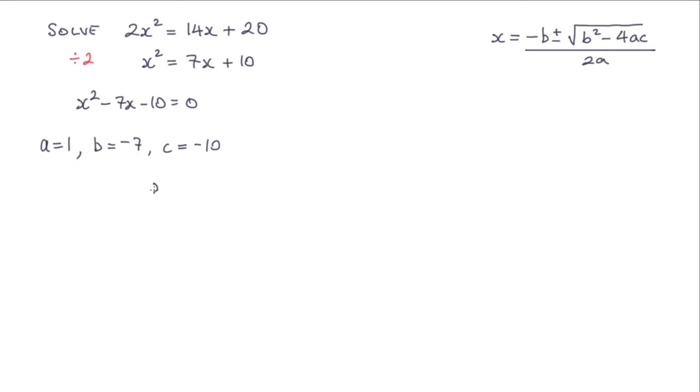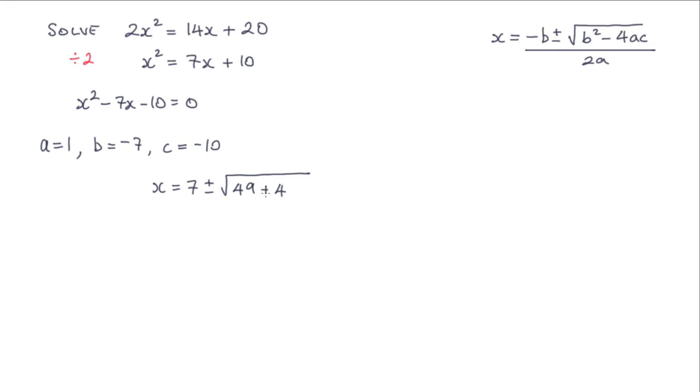So what we have is that x is equal to negative b, so that's negative 7, so that's going to be 7, plus or minus the square root of b squared, so that's negative 7 squared, that's 49, minus 4 multiplied by a, which is 1, multiplied by c, which is negative 10.